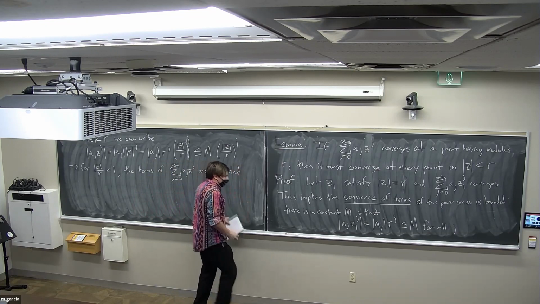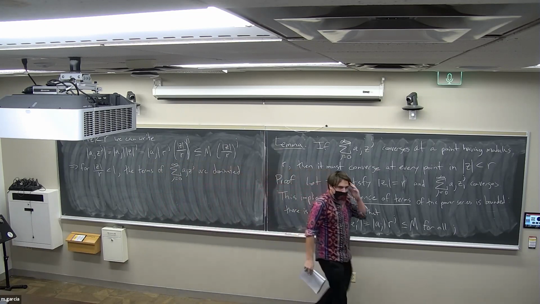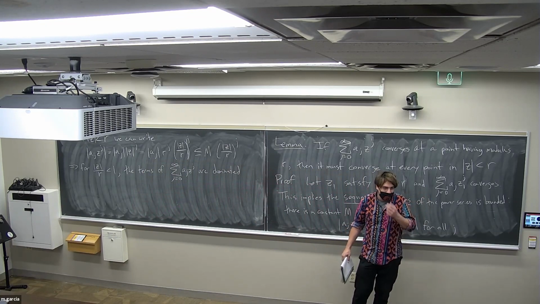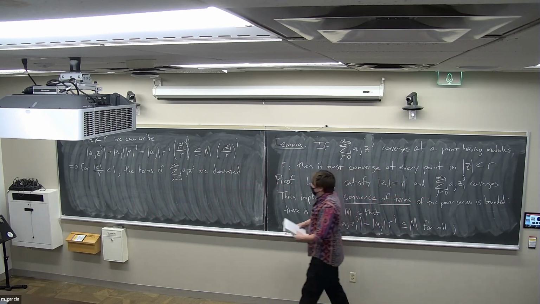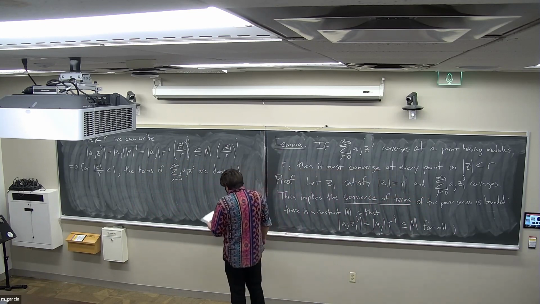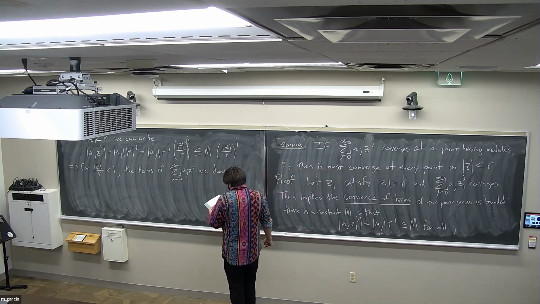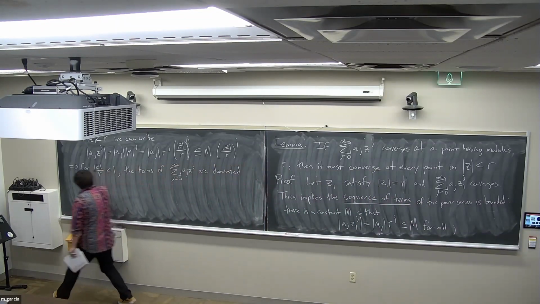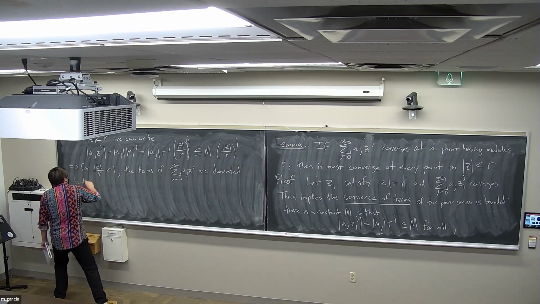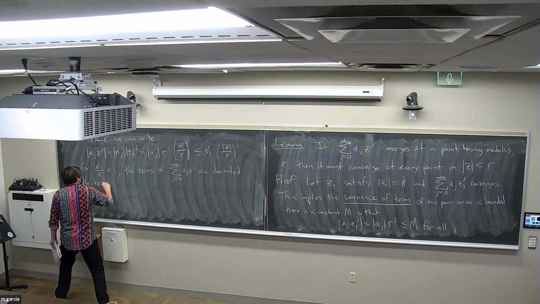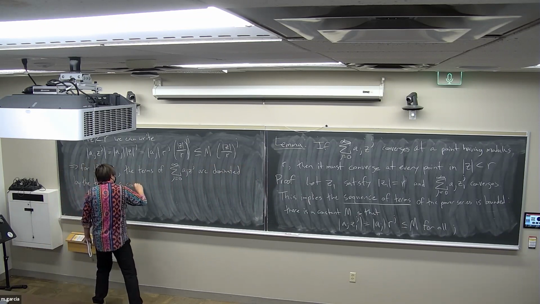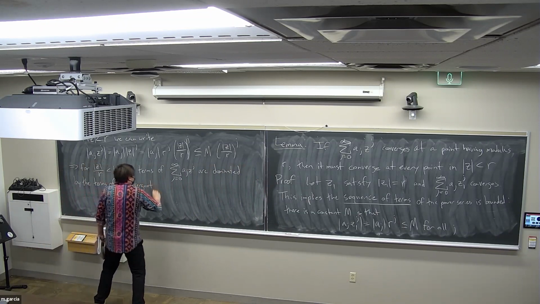And by dominated, I mean term by term bounded. That's just a sequence way of talking about boundedness, right? The terms of this series are dominated by the terms of a convergent geometric series.